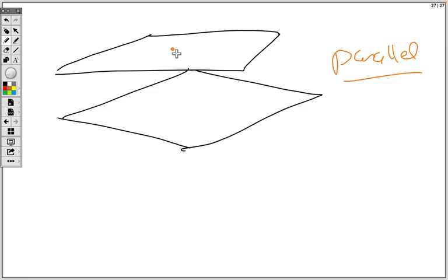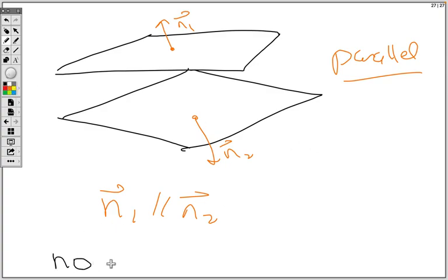If I had a vector n1 and a vector n2, parallel planes would have parallel normal vectors. They would be non-intersecting, so there'd be no intersections, and the normal vectors would be parallel.